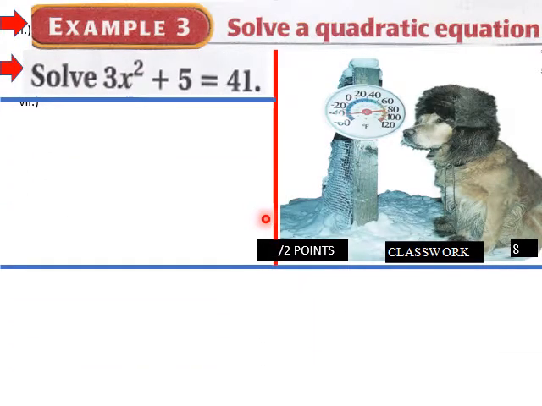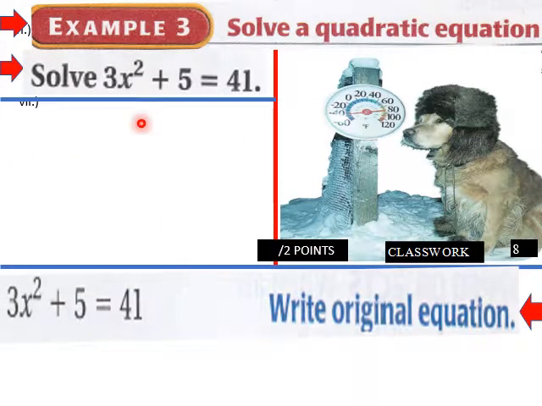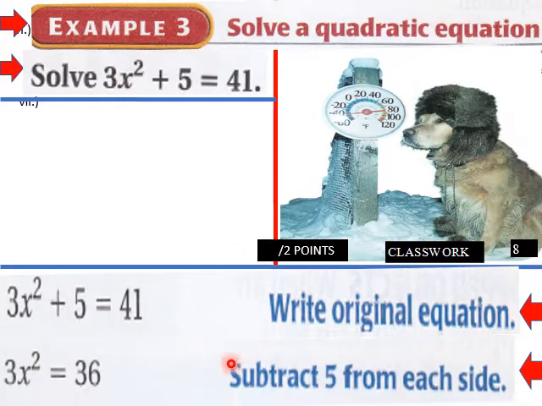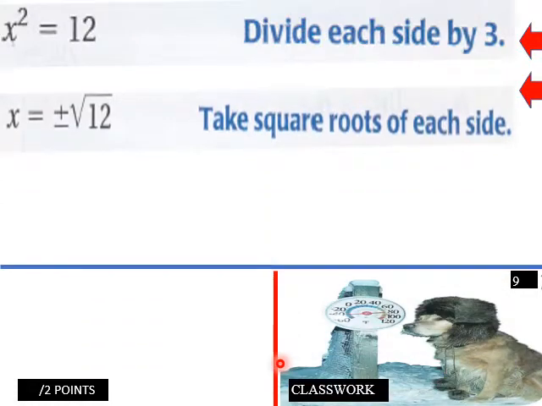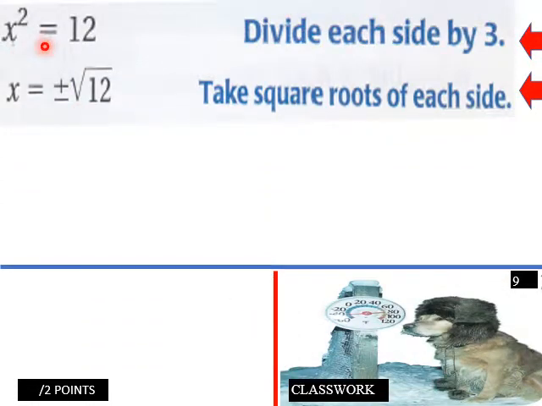Okay, example 3, solve a quadratic equation. We have this situation here, 3x squared plus 5 equals 41. To solve for this, we're going to move our 5 over here, so you subtract 5 from both sides. Then we have x squared equals 12 because we divide both sides by 3.